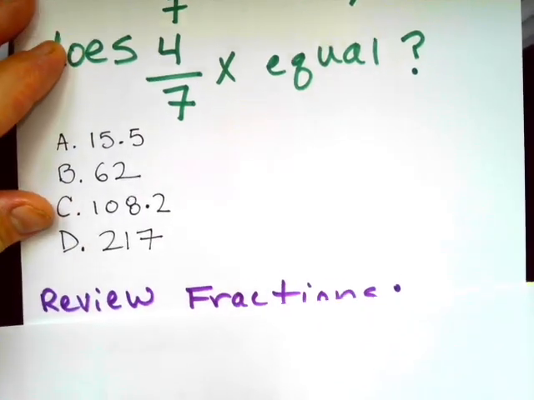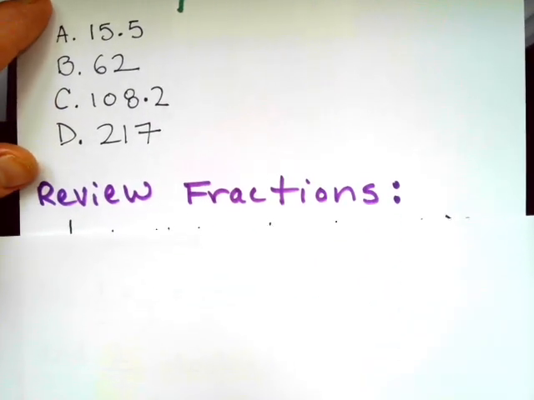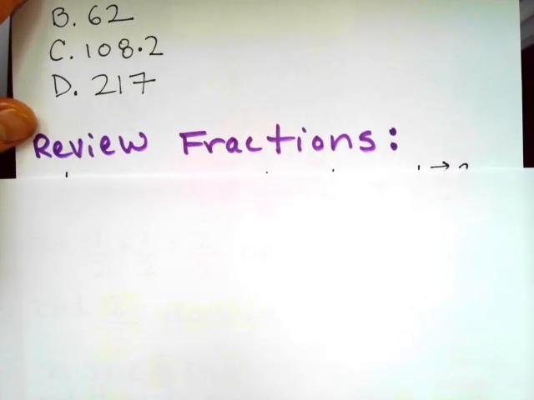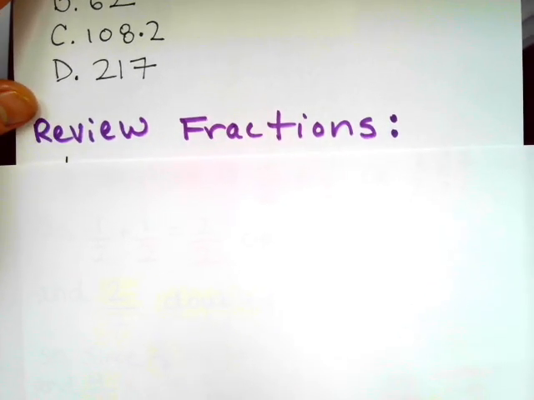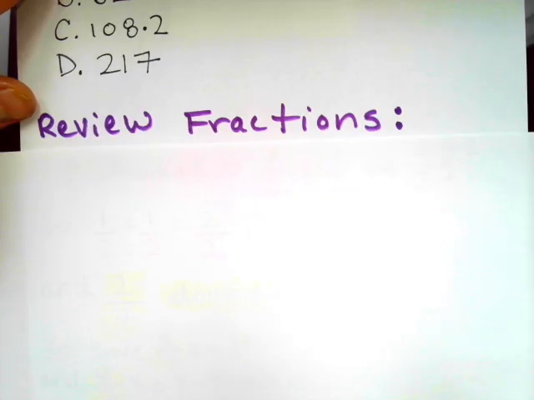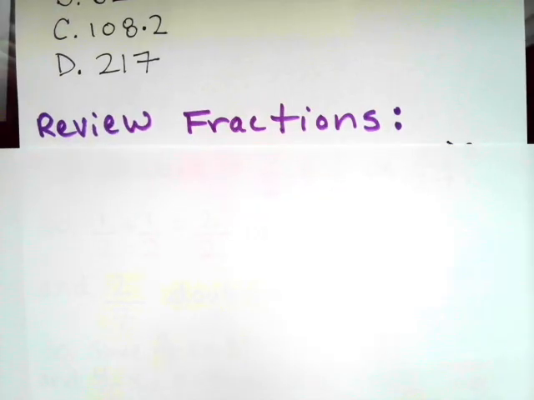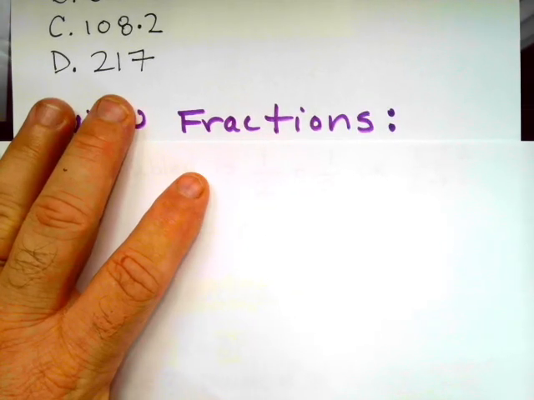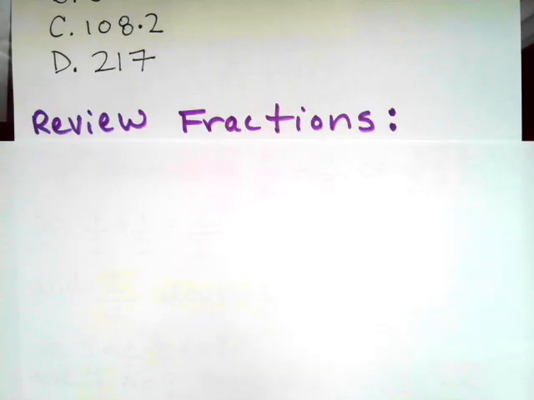Okay, so let's review a little bit of what we know about fractions. Again, I was looking to solve this algebraically, and this is really a number recognition type of question. So let's review what we know about fractions.